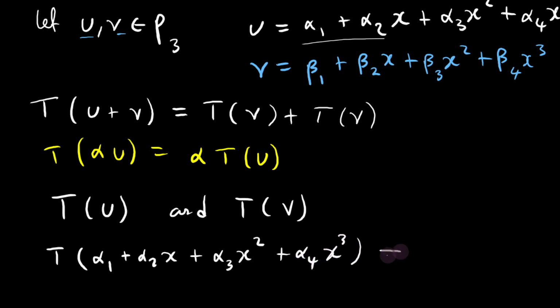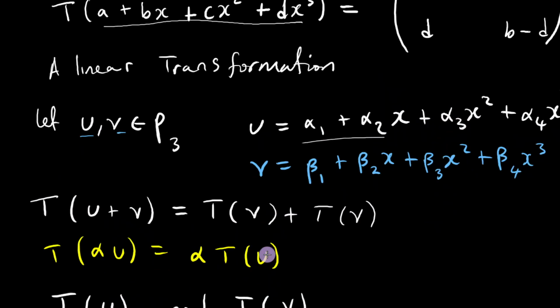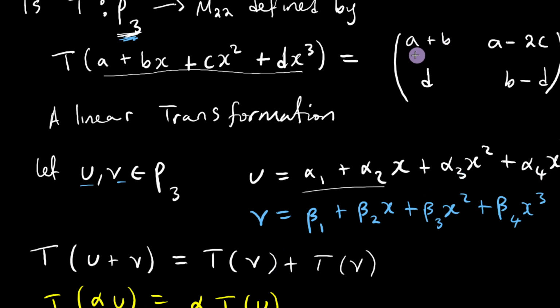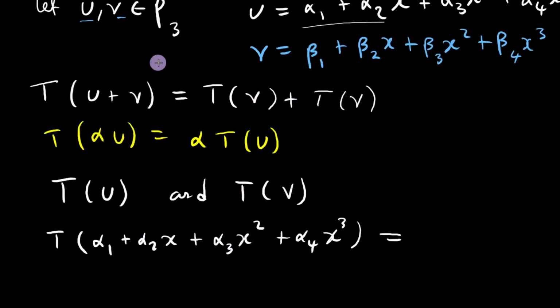When we transform this according to the definition, the entry here should be the constant times the coefficient of x. In this case, the constant is alpha 1 and the coefficient of x is alpha 2. So the entry here will be alpha 1 plus alpha 2.